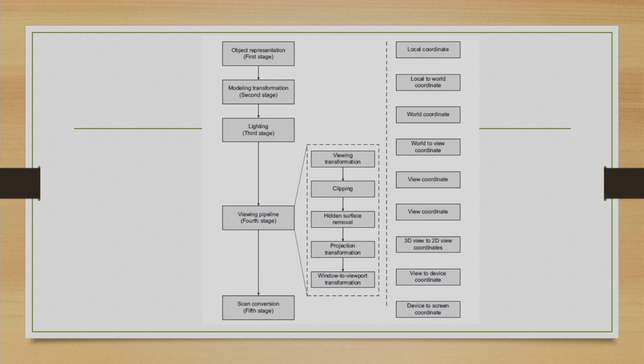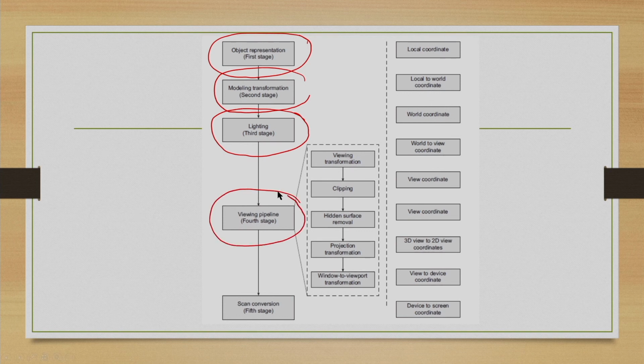So, there are 5 stages in the graphics pipeline. The first stage is object representation, second stage is modeling or geometric transformation, third stage is lighting or assigning color to points on the objects, fourth stage is viewing pipeline, where we transfer a 3D object to a 2D viewing plane.